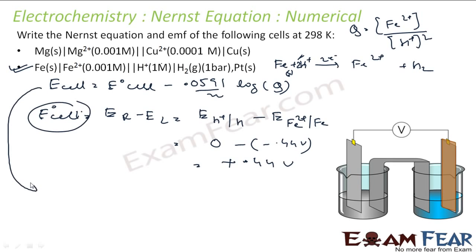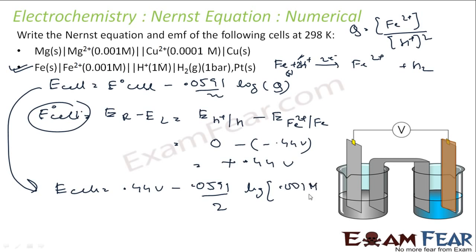So let's put everything in this equation. E cell will become E naught, 0.44 volt, minus 0.0591 by n, n is 2 here, 2 electrons, log of Q. Q is nothing but concentration of Fe2 plus, that is 0.001 M, by concentration of H plus, that is 1 M, squared.